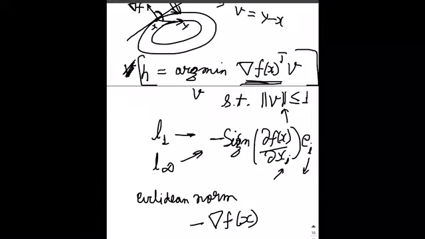So this was the steepest descent direction for the Euclidean norm. We saw all this during the last Wednesday lecture. So for today's discussion, we will consider the Euclidean norm and the descent direction to be minus gradient of f of x.